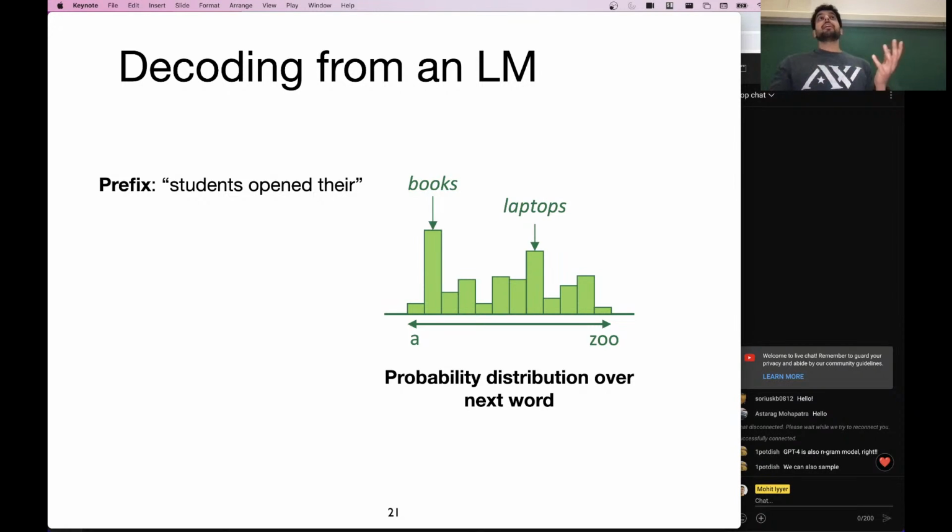In a trigram model, it's the size of the vocabulary cubed. Every time you increase the order of the n-gram model, you have to increase exponentially how many counts you need to store. So in general, the storage complexity of these models is also a critical limiting factor.